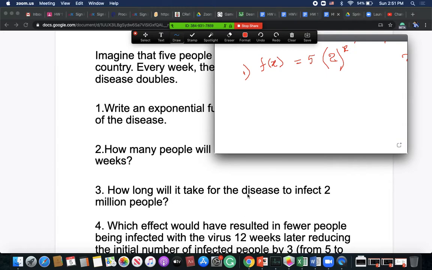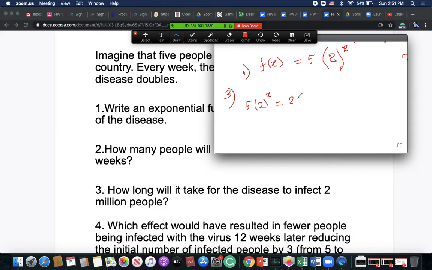how long it will take for the disease to infect 2 million people. That means now we have to put 5 · 2^x for part three, and this equals 2 million.